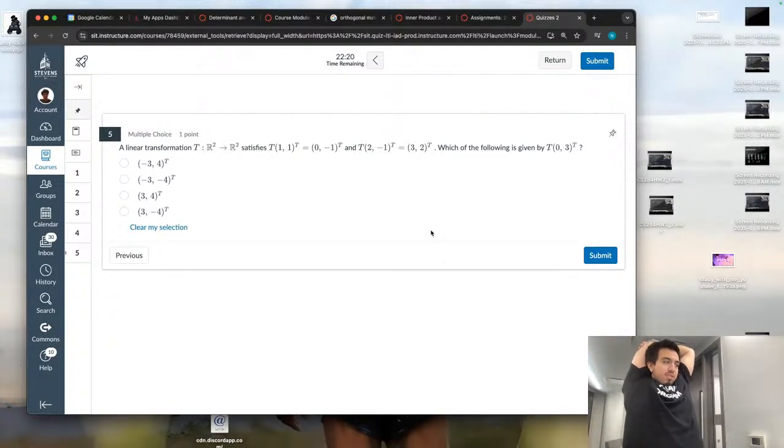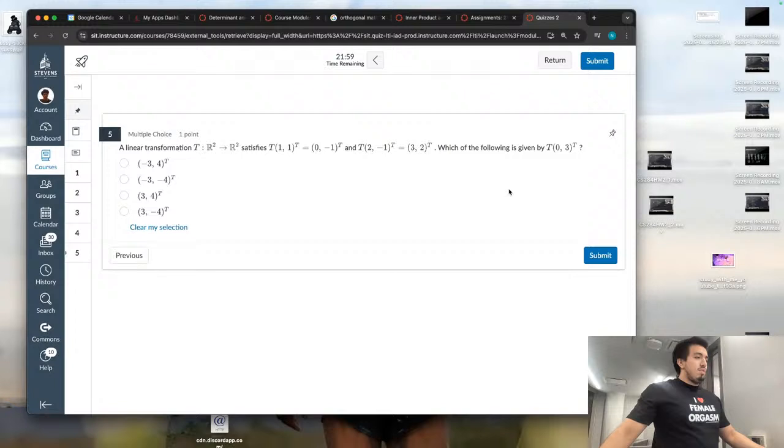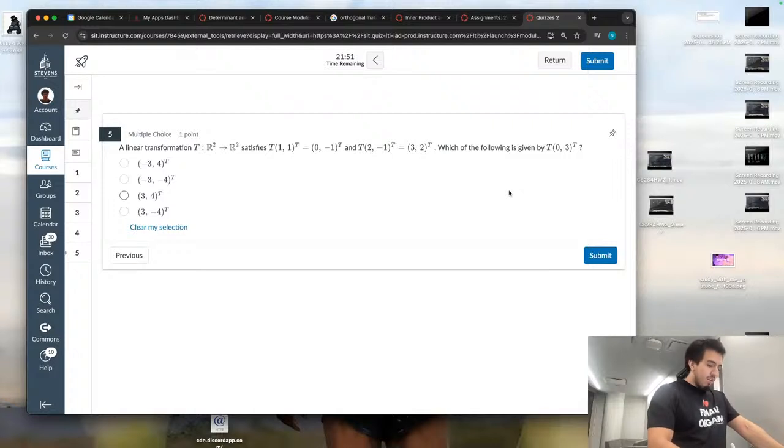Oh, shoot. What is this question? A linear transformation satisfies T... Well, I have to really kind of draw this out. So matrix T of (1, 1) goes to (0, negative 1), and T of (2, negative 1) goes to (3, 2).